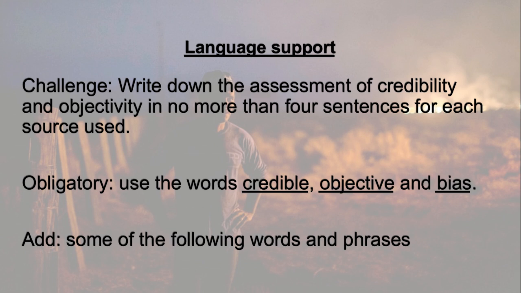That's what they want to see, and that's a good habit to have in academic writing, to show that you first assess the credibility and objectivity before just throwing those arguments from those sources in.